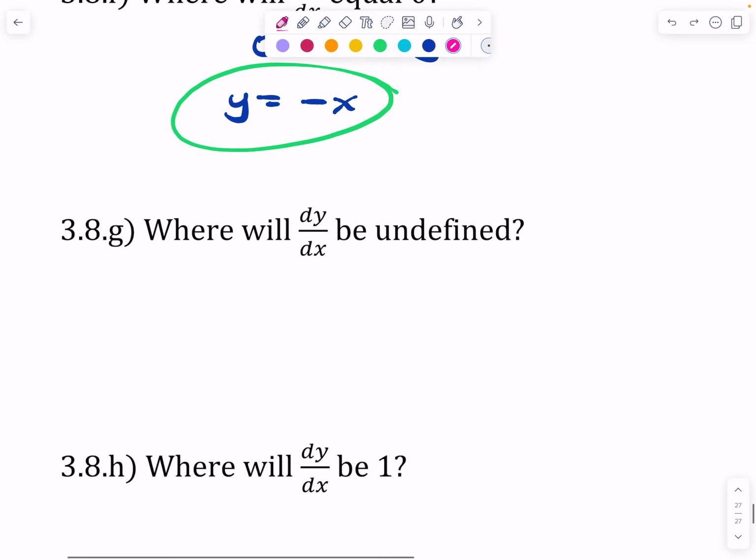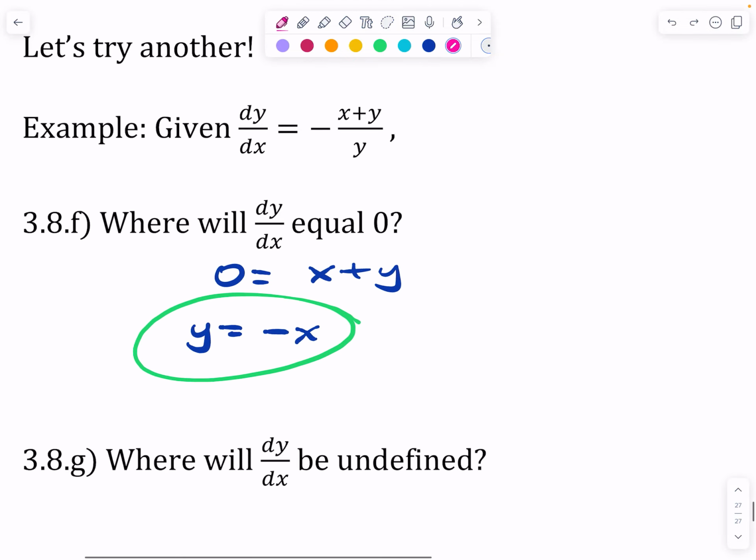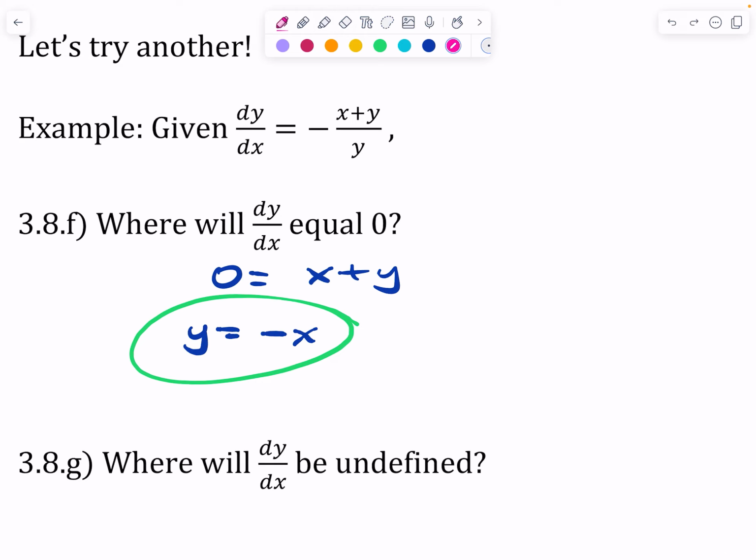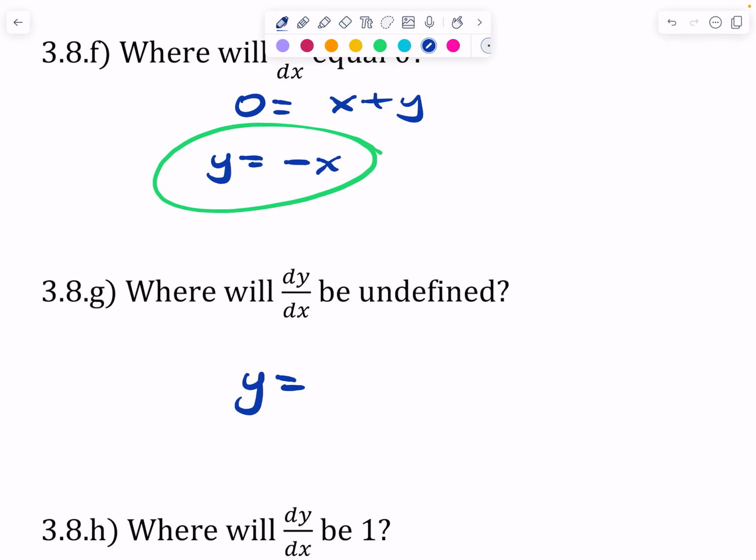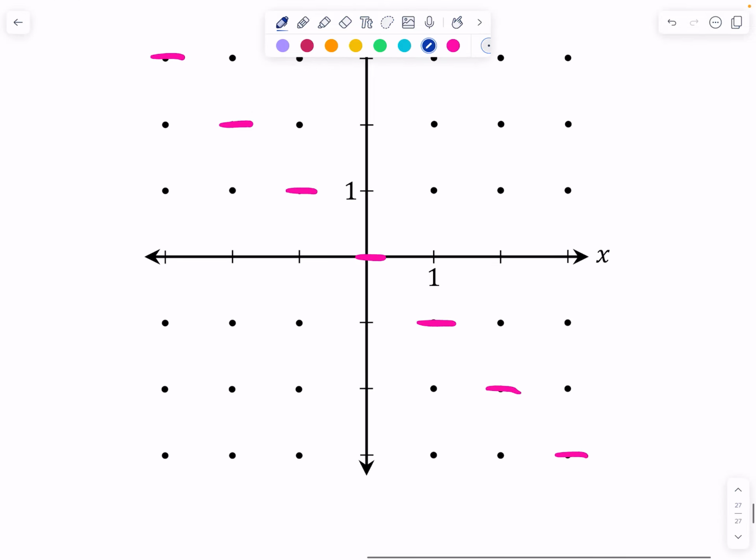But where will dy dx be undefined? That's wherever we're dividing by 0. And the only thing that can make us divide by 0 is if y is 0. So dy dx will be undefined whenever y is 0, straight up. Undefined is going to give us a vertical slope whenever y is 0.